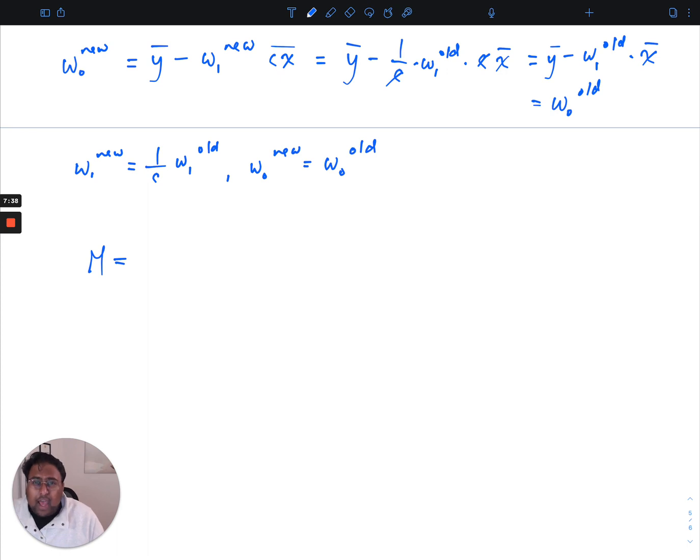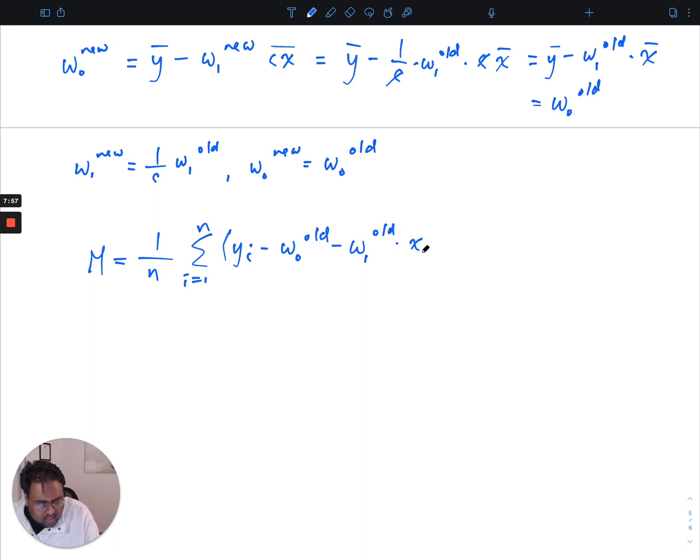So we're told that m is equal to the mean squared error of the original regression line. So that'll be 1 over n times the sum of i going from 1 to n of yi minus the old intercept minus the old slope times the x's. That is the value of m.